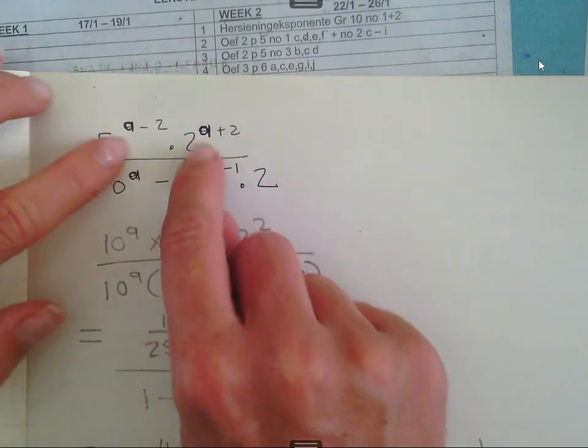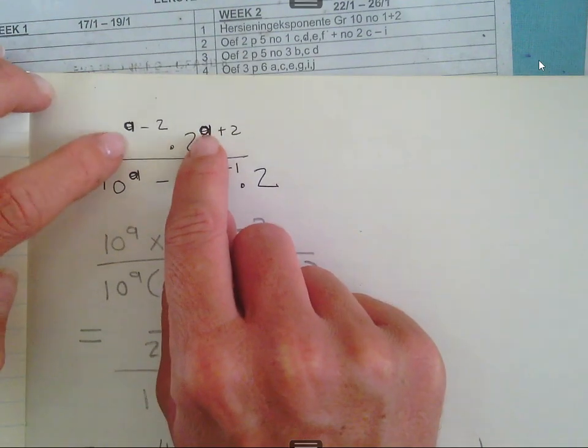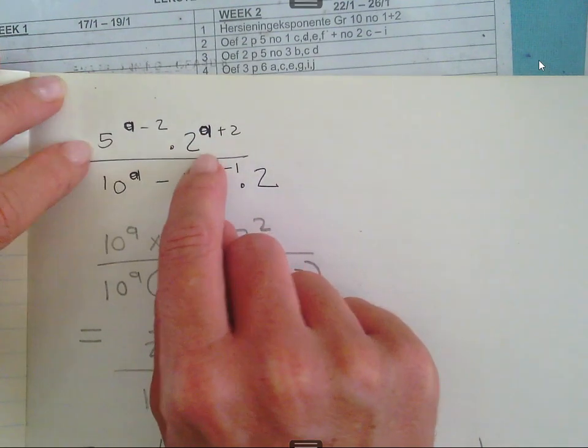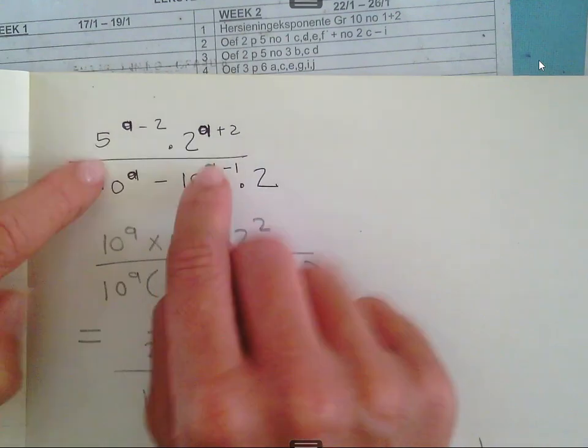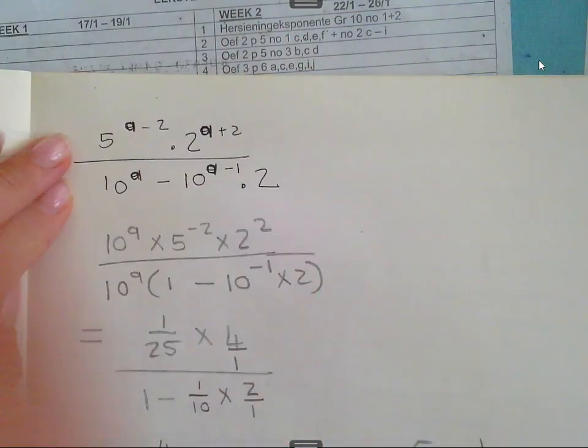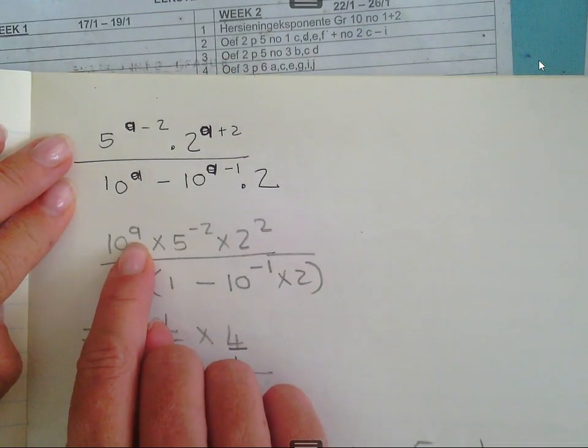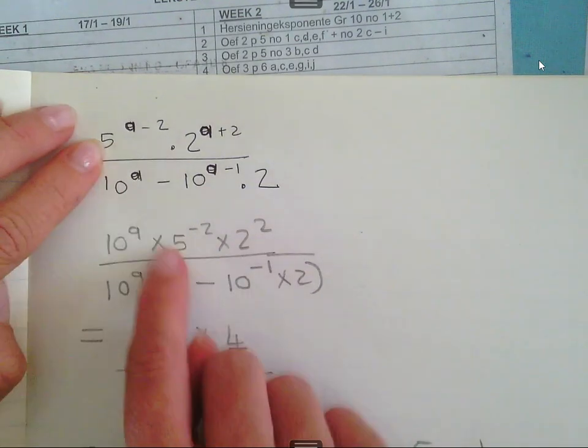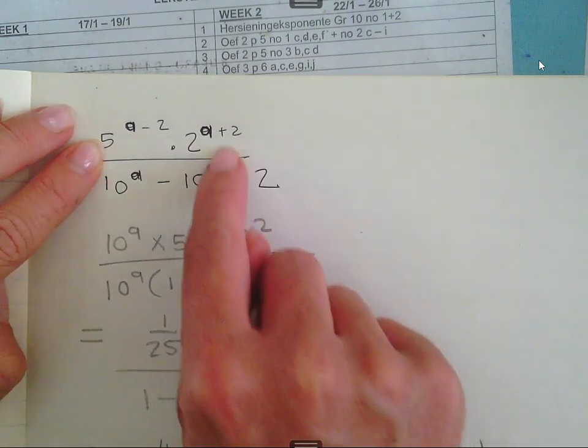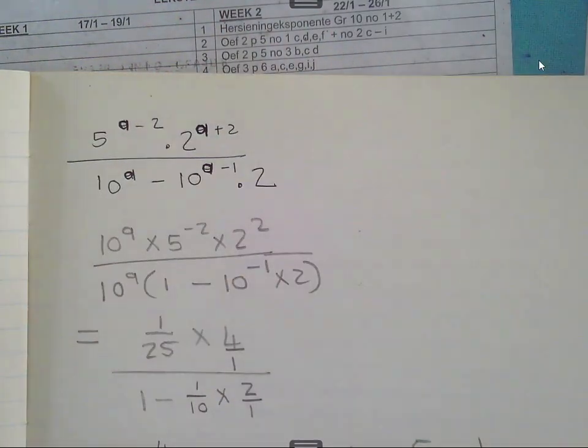Okay? Now do you remember if the exponents are the same, you can multiply the bases. So I took that one out and I made it 10 to the power of a. And I was left with 5 to the power of negative 2 times 2 to the power of 2. And then the whole thing was much simpler going forward.